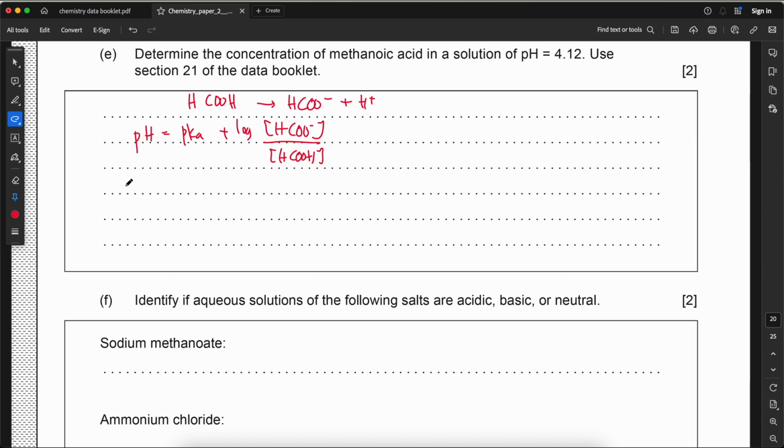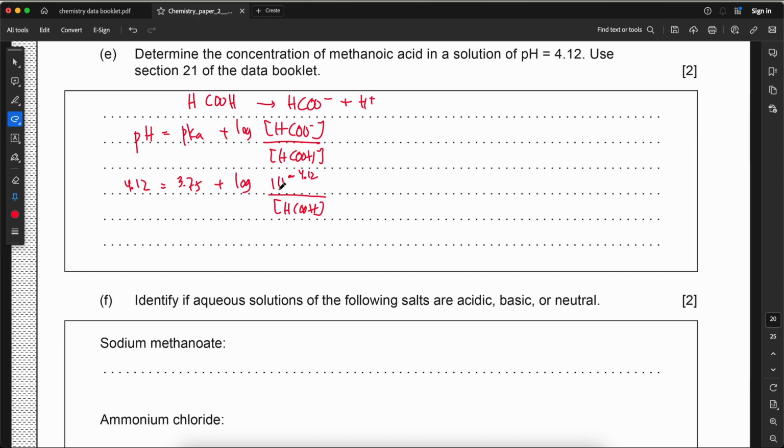So pH is 4.12. pKa, if you see section 21 of the data booklet, would be 3.75 plus the logarithm, with 10 to the power of minus 4.12, because the pH is 4.12, divided by HCOOH.